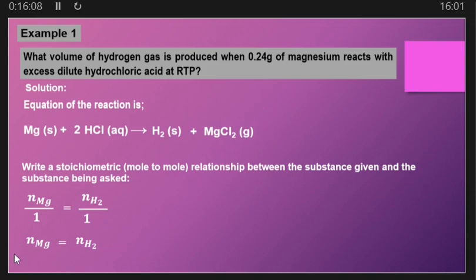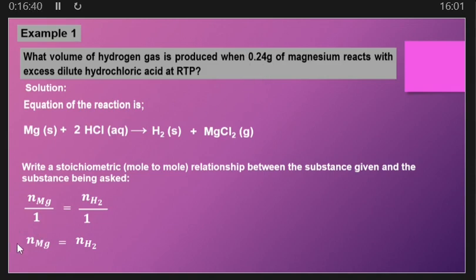However, you should know from the previous lesson on the mole concept, and if you haven't watched that lesson, consider clicking this video popping up here or this other video popping up here, because there I introduced the basics of the mole concept. You must notice that for magnesium we are provided 0.24 grams.